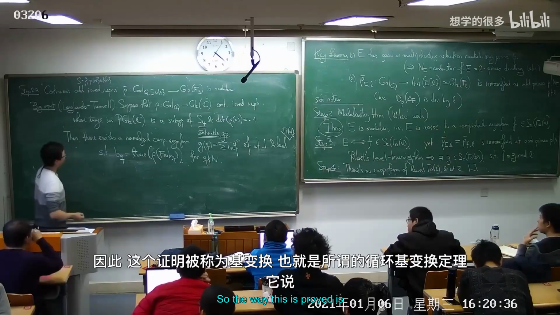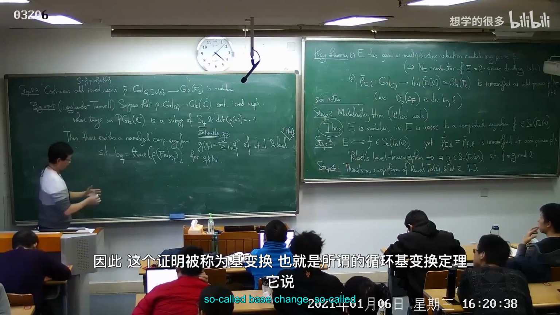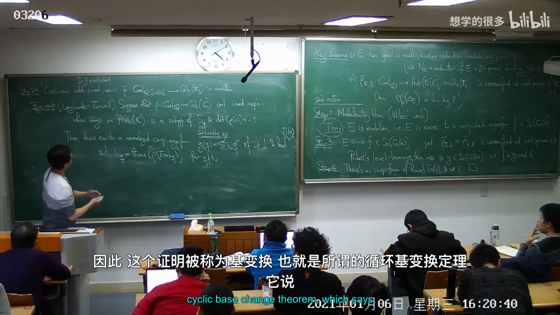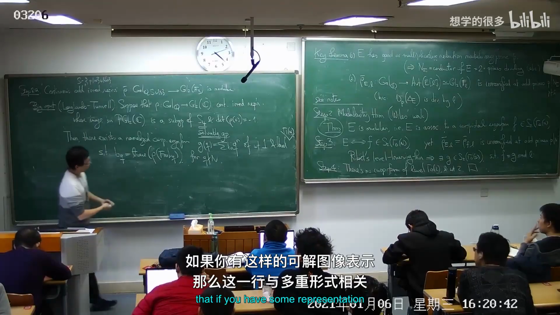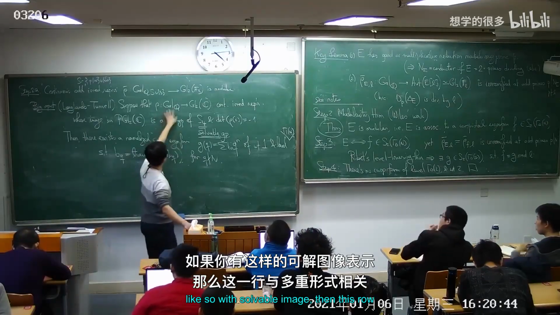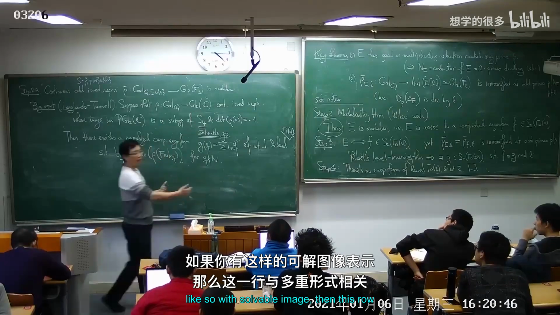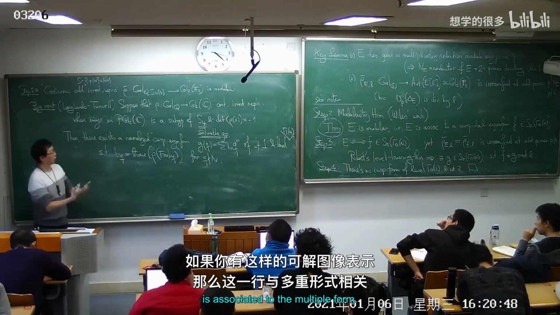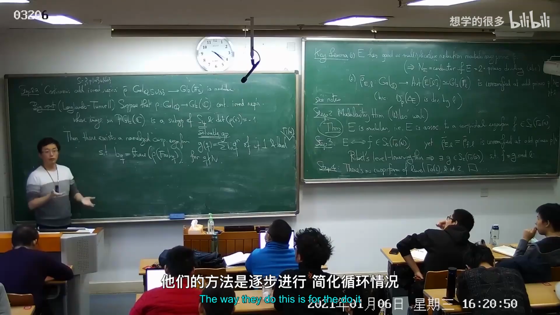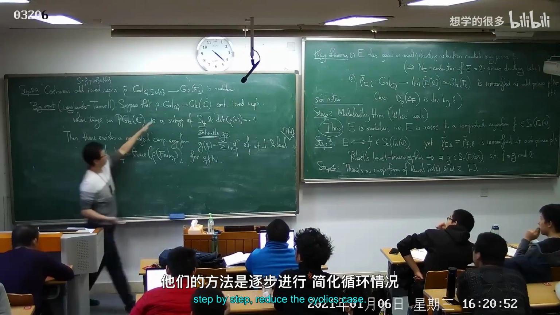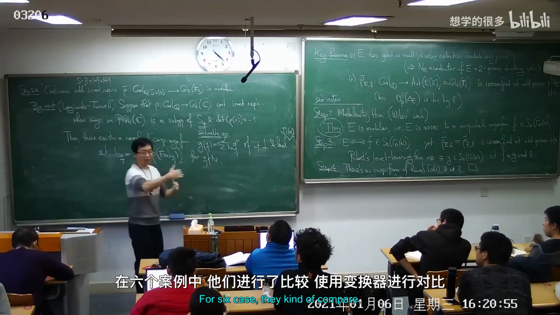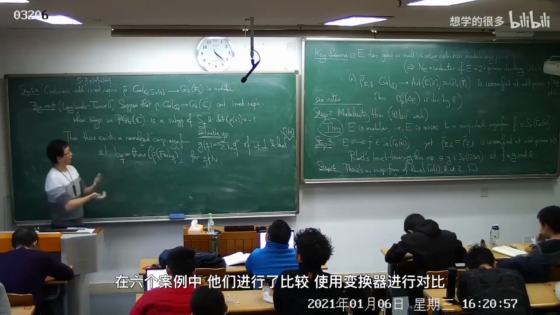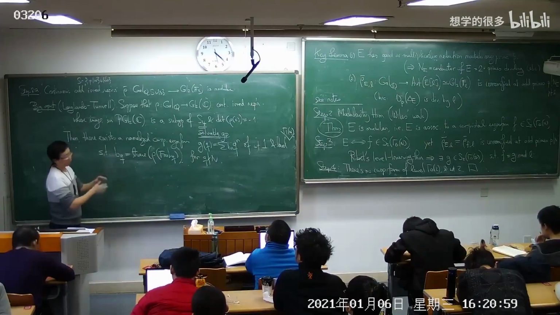So the way this is proved is so-called base change. It's the so-called cyclic base change theorem, which says that if you have a representation like so with solvable image, then this rho is associated to some automorphic form. The way to do it is step by step, reducing to the cyclic case. For the cyclic case, they use the trace formula to compare things.